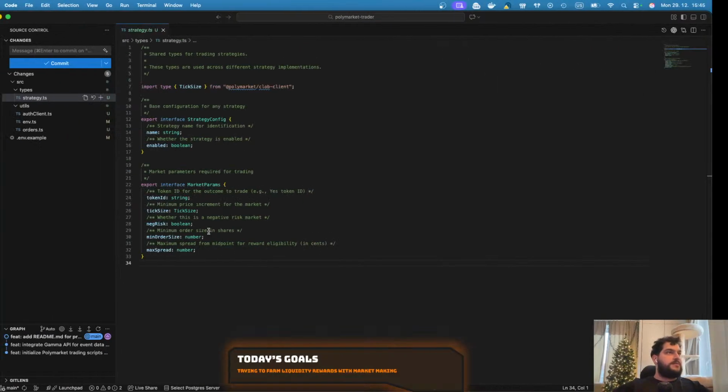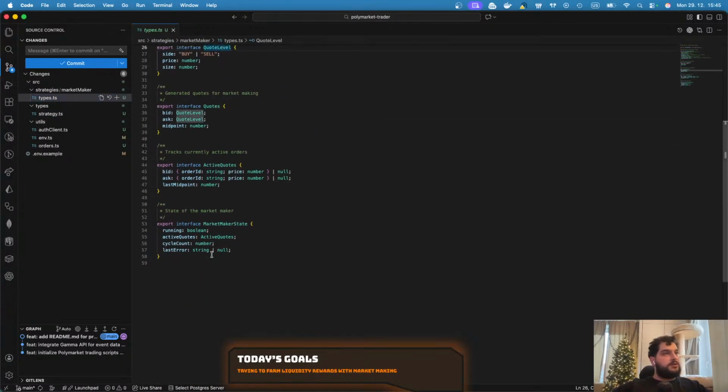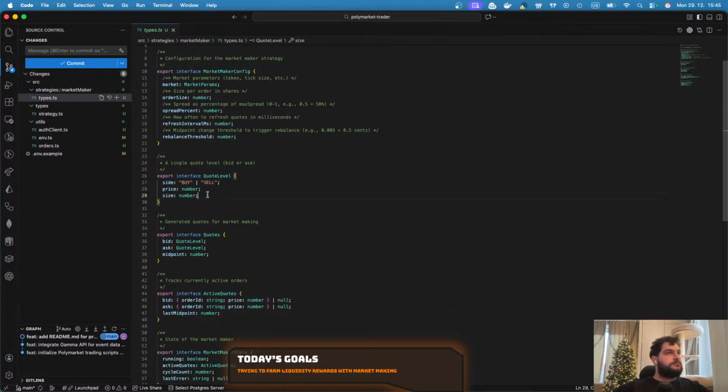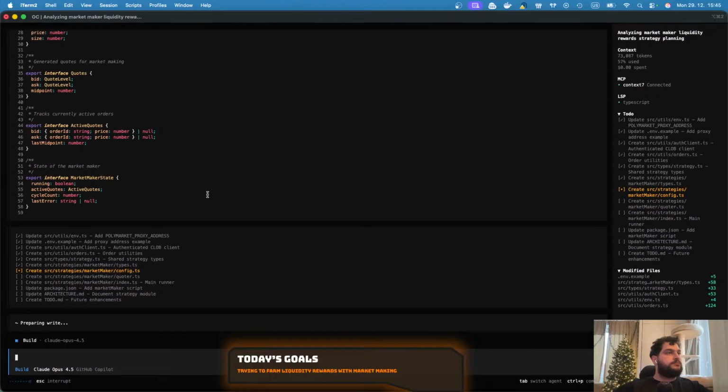Now it created types for the market maker strategy. Now it's working on the config.